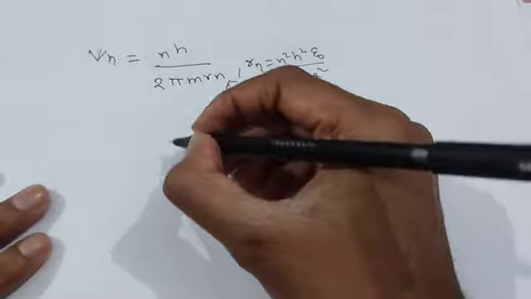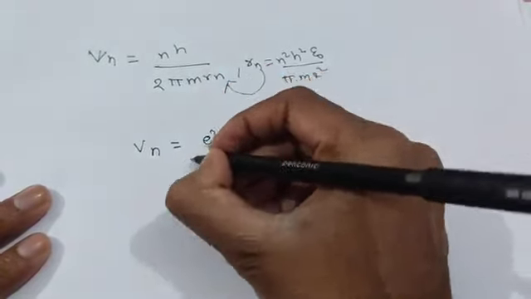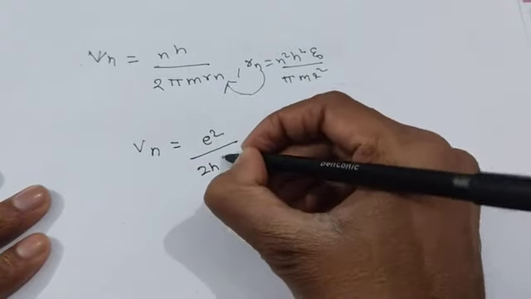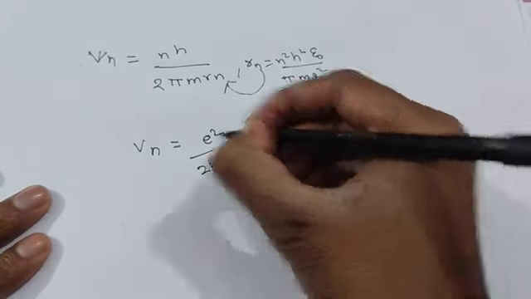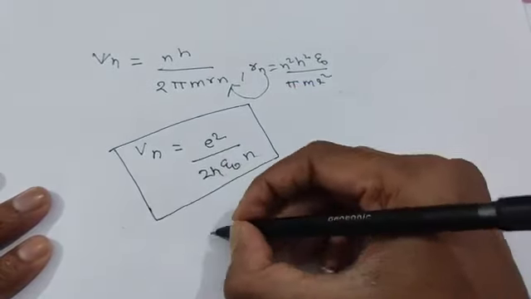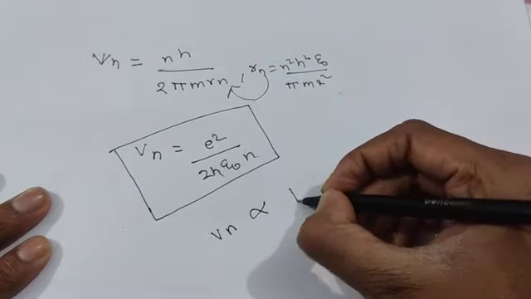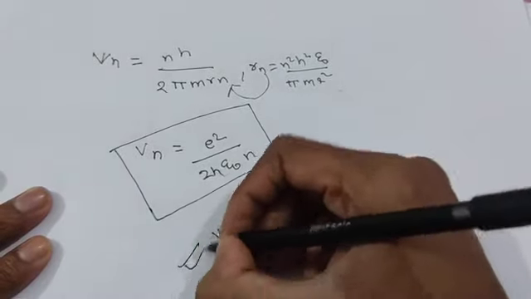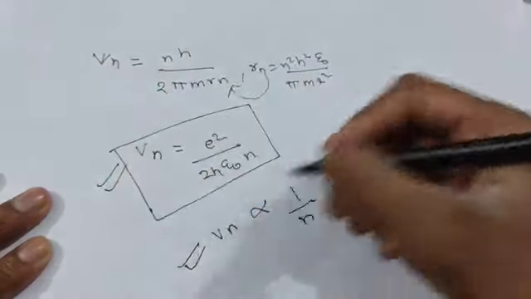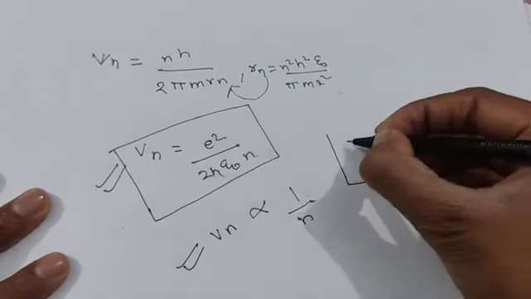After putting it, we have vn equal to e square by 2 h epsilon naught n, and we can say that vn is proportional to 1 by n. This formula is very important. When we draw the graph, it will look like this.